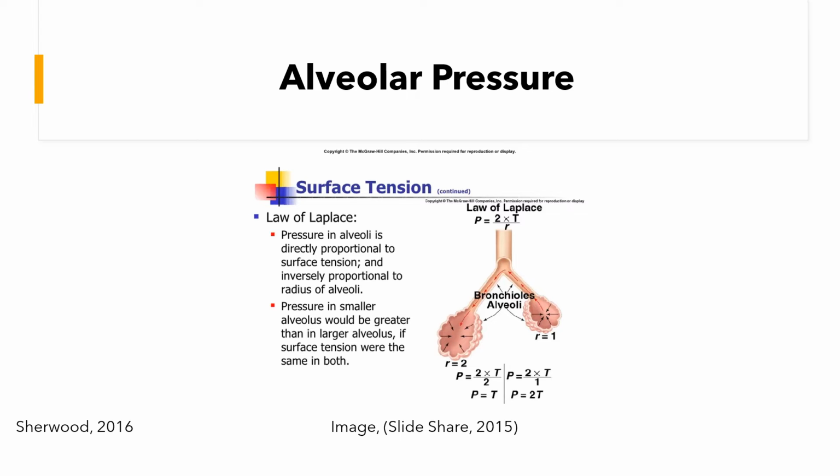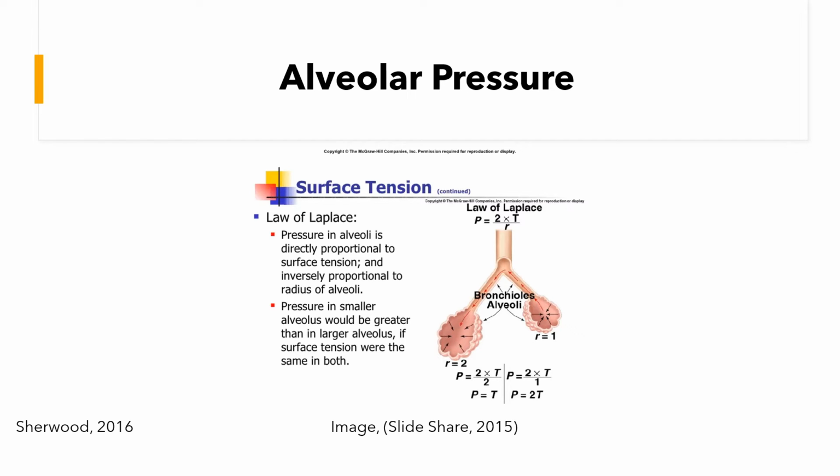So if two alveoli have the same surface tension but are unequal in size and are connected by the same terminal airway, the smaller of the two alveoli will collapse and empty its air into the larger alveolus. This is what happens when the alveoli have no surfactant in them.